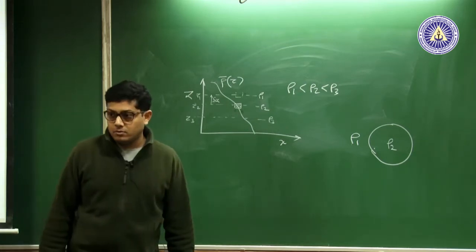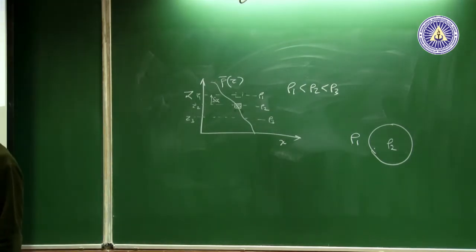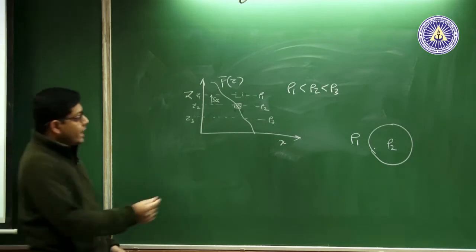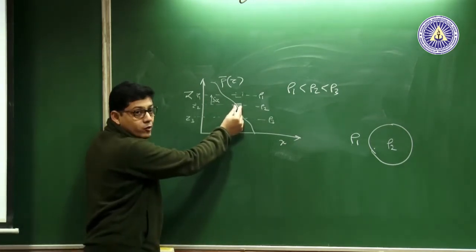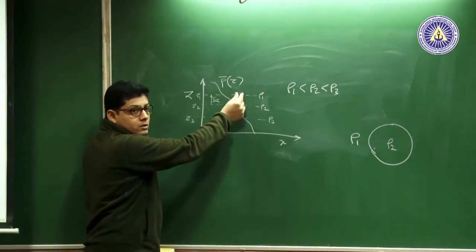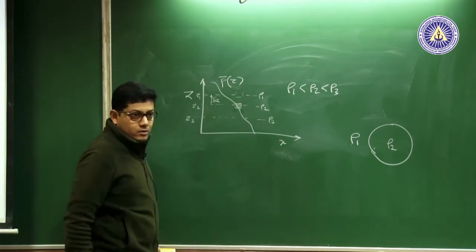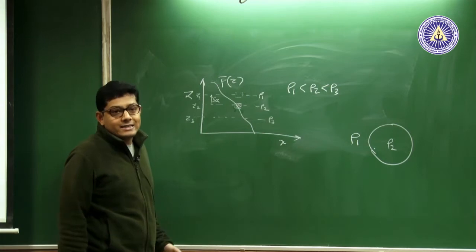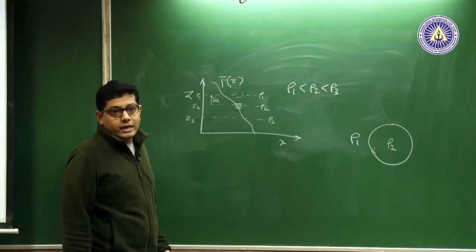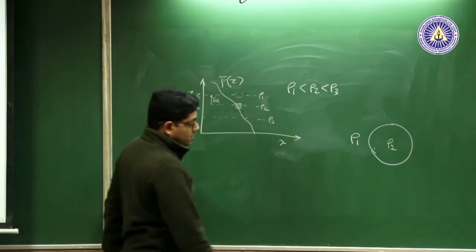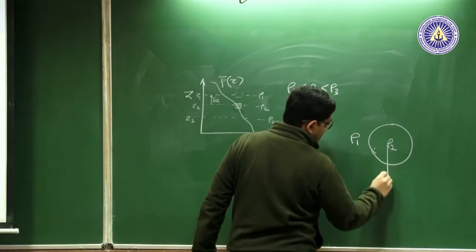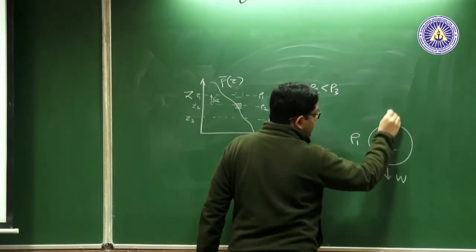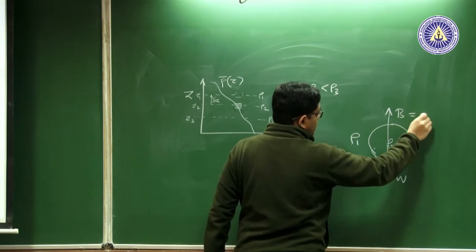What do you think is going to happen? You have displaced a heavy fluid upward and now you are leaving it. What will be its tendency? It will try to fall down because of its weight, and there is also buoyancy acting.